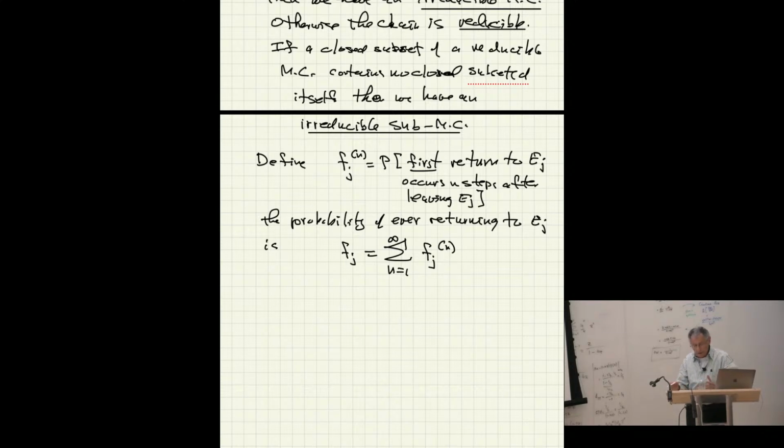There's no repeats here. The first return could happen on step 1, step 2, step 3, etc. If ever getting there, the sum of all of them. Now, I want to classify the states of a Markov chain according to this f_j, the probability of ever returning.